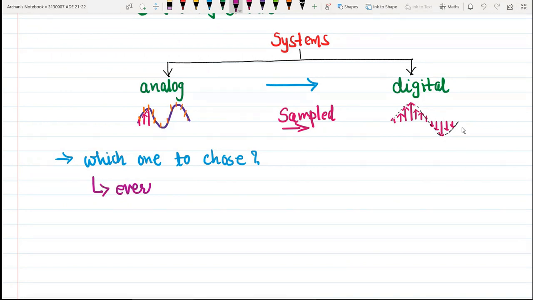According to these advantages, everything should be digital, right? Because they are very easy to process, they are more immune to noise, they are very easily reproducible. So each and every signal must be converted into a digital one, right?